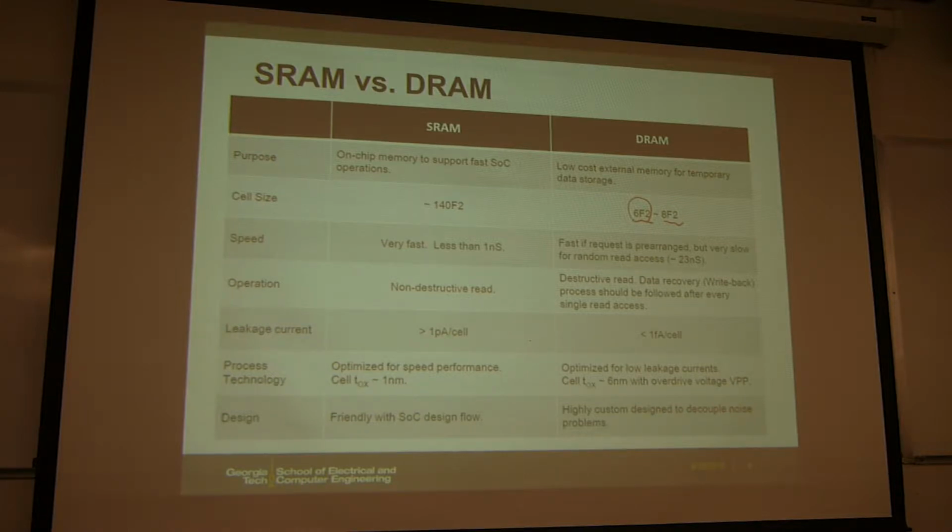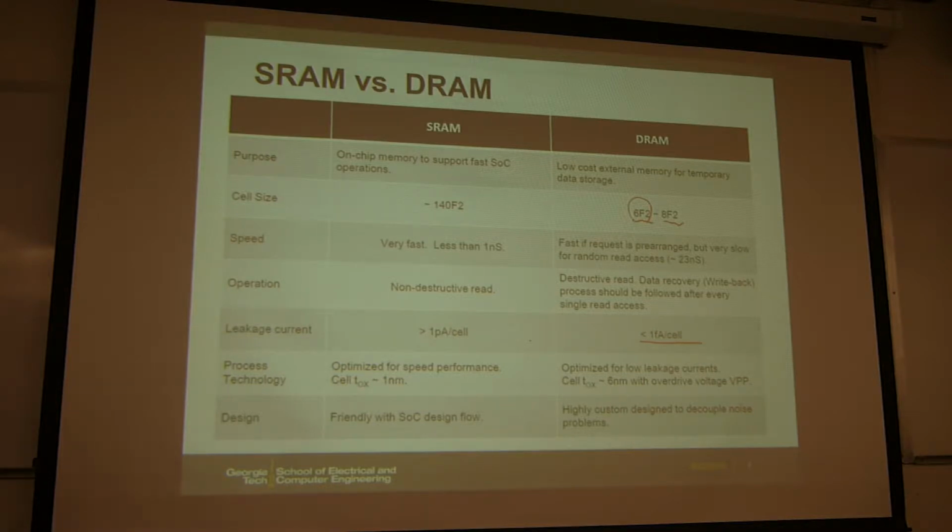And the leakage current. The SRAM depends on what kind of transistor technology you use, maybe high performance transistor or low power transistor. But even if you use low power transistor, the leakage current is typically larger than like 1 picoamp per cell. This is limited by the off current of the logic transistor. But for the DRAM leakage, it's quite small, like less than 1 femtoamp per DRAM cell.